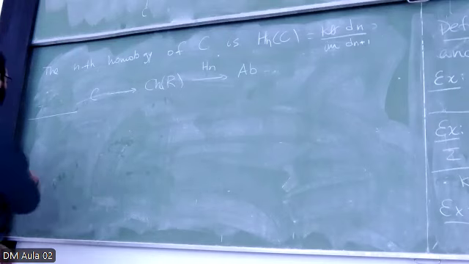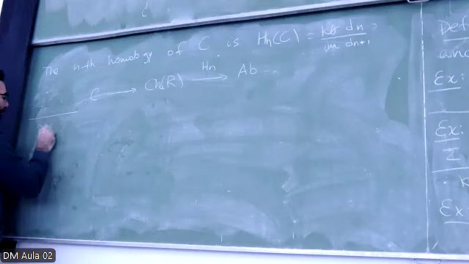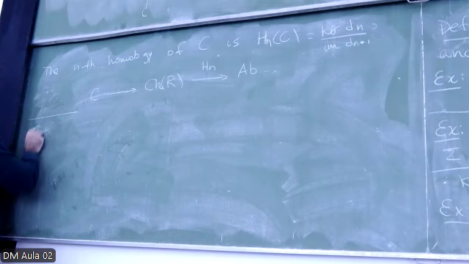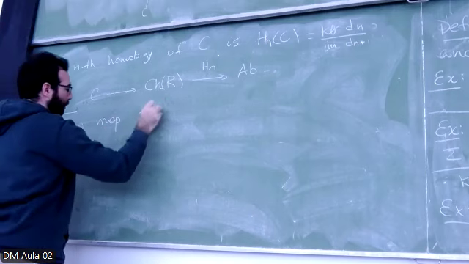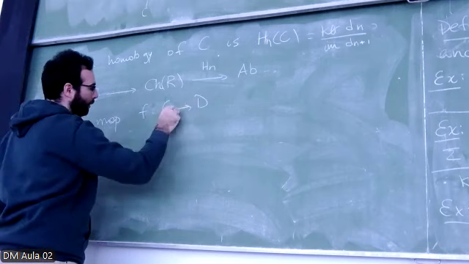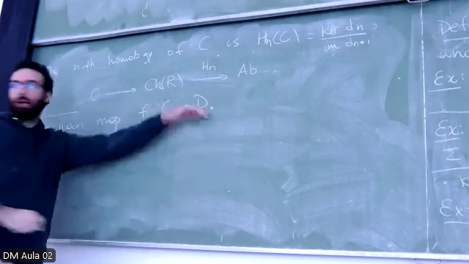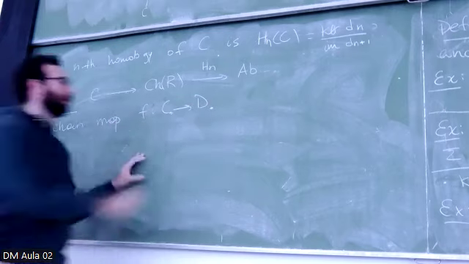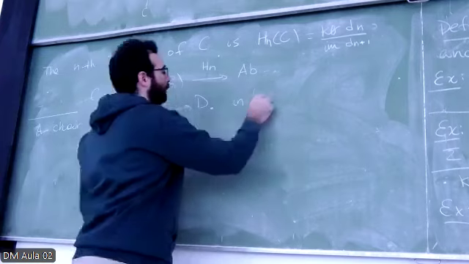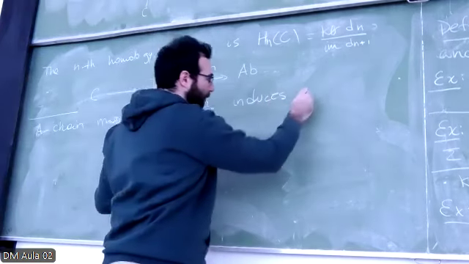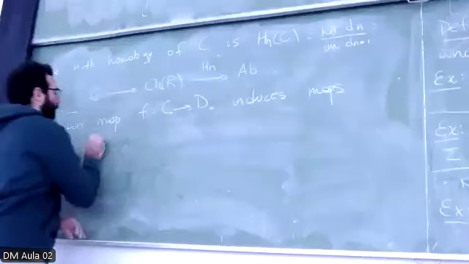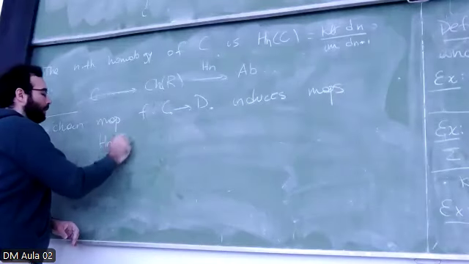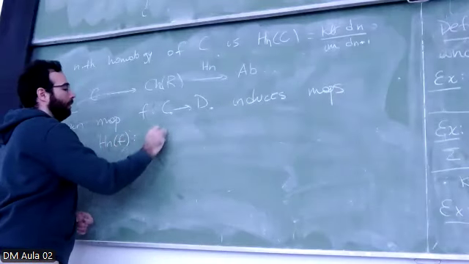And this requires a further definition. So what do I mean by this? A chain map between two complexes, which recall is a bunch of maps level to level, induces maps in all the homology groups. If you've never seen this, this is a nice exercise.